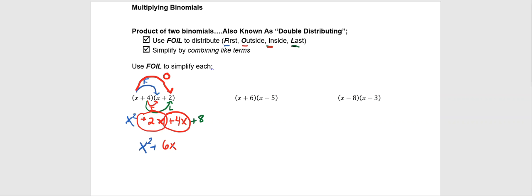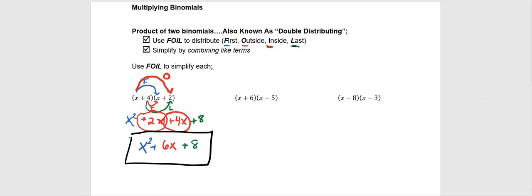That's being added to the x squared. That's then having the 8 added to it. So by the time we're all done, who would have known that multiplying this binomial x plus 4 times this binomial x plus 2 will give us this end result of x squared plus 6x plus 8.